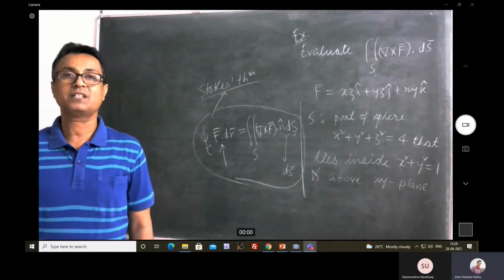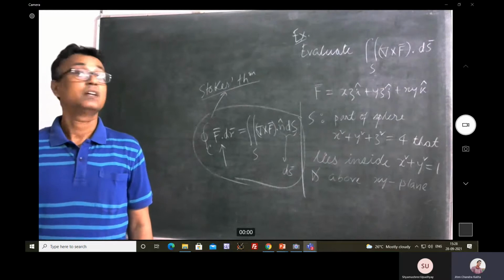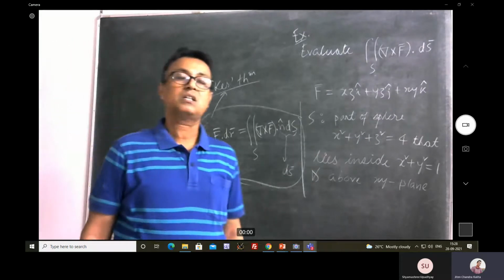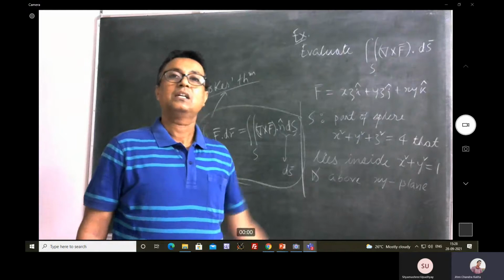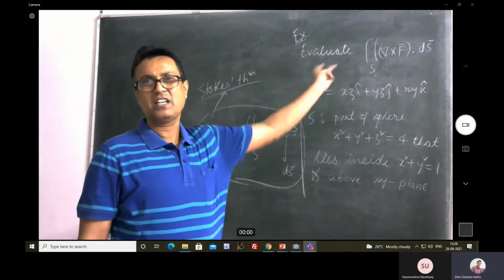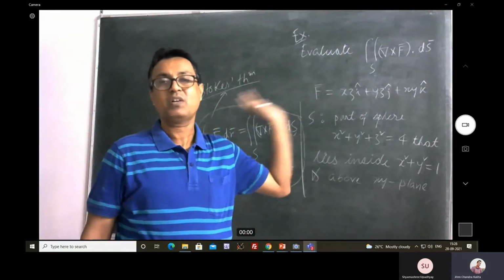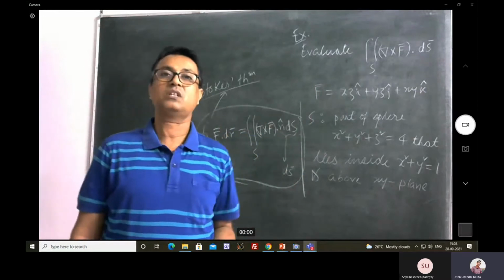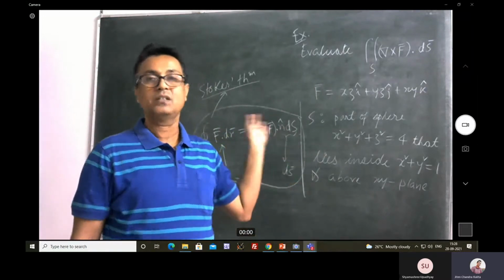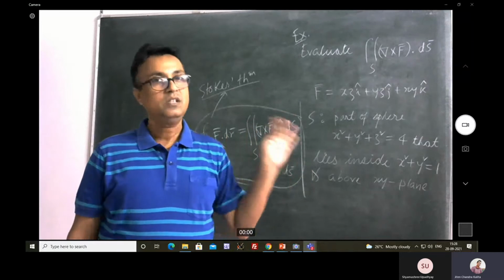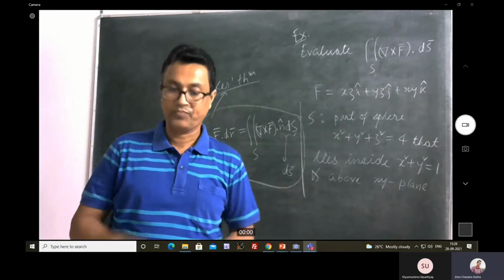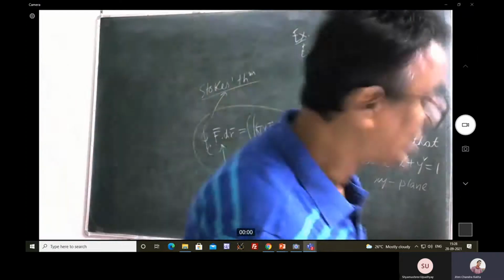Depending upon that, you are going to evaluate it. Sometimes, when you are told to evaluate a definite integral, it may so happen that even without employing Stokes theorem, you can evaluate the integral in a much more straightforward way. So that you have to look at.